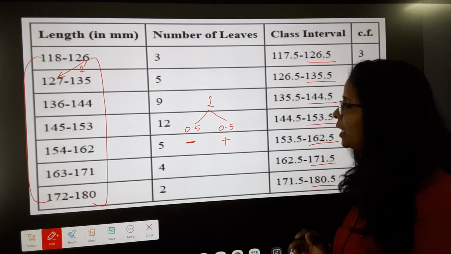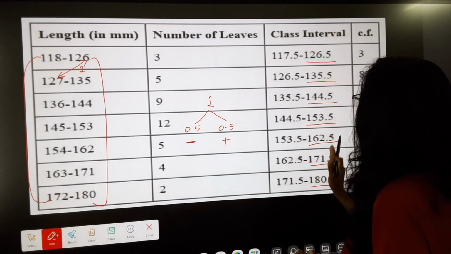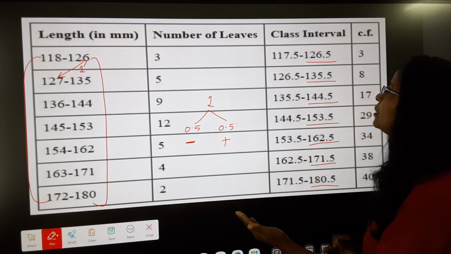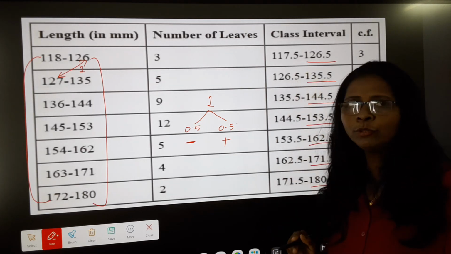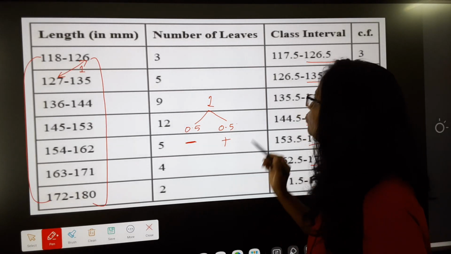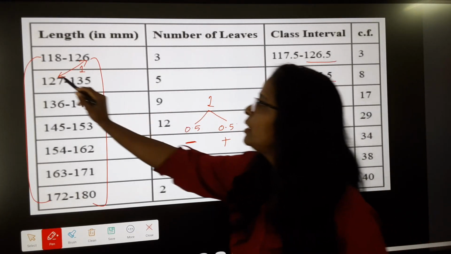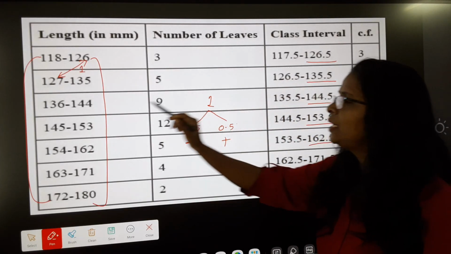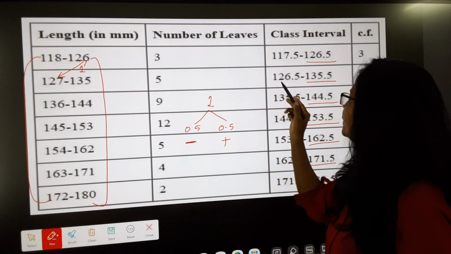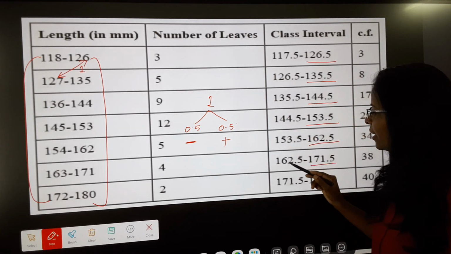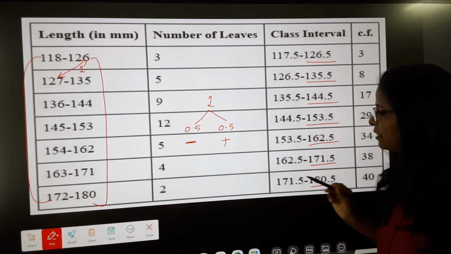Okay, so now we have the upper class limits. Then we start to find the lower class limits by subtracting 0.5 from the lower class limit. Now 118 minus 0.5 is 117.5, then 126.5, then 135.5, 144.5, 153.5, 162.5 and 171.5.